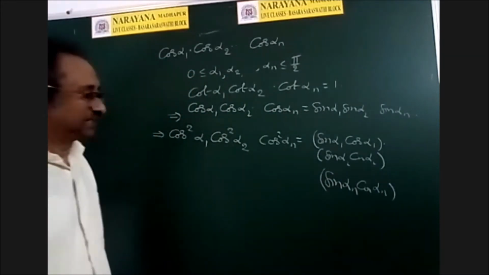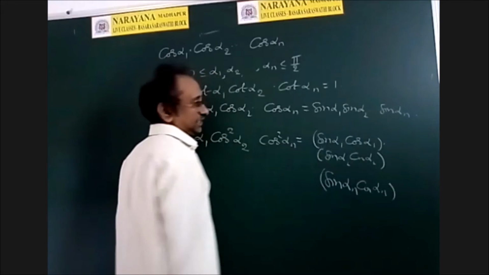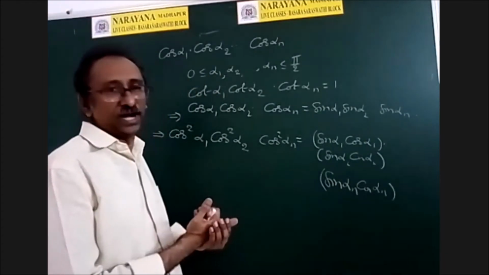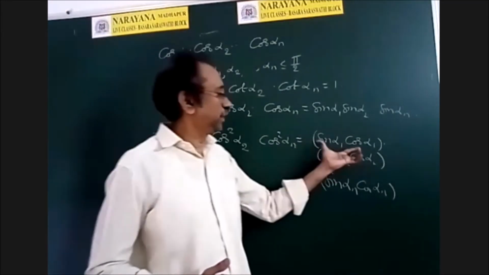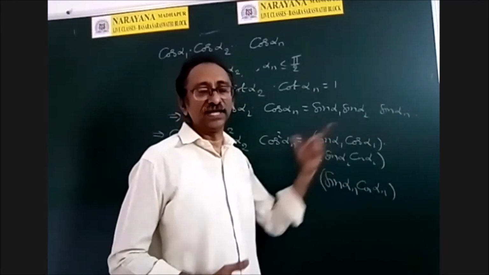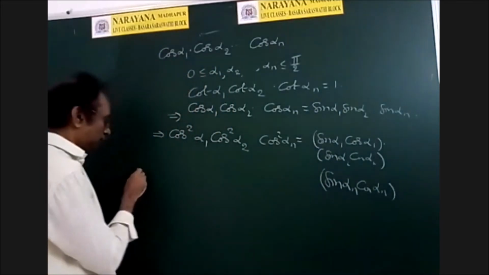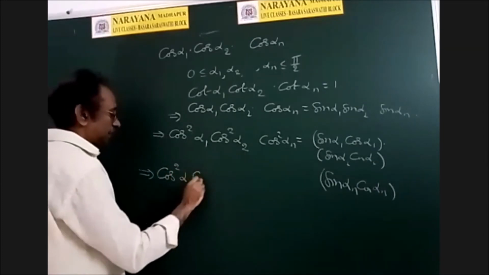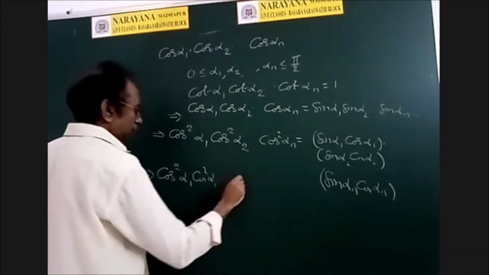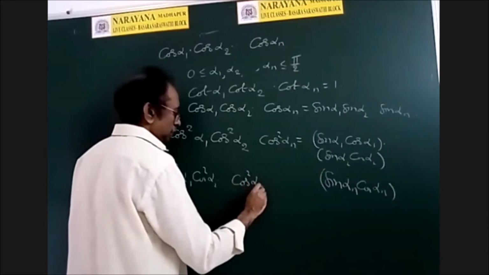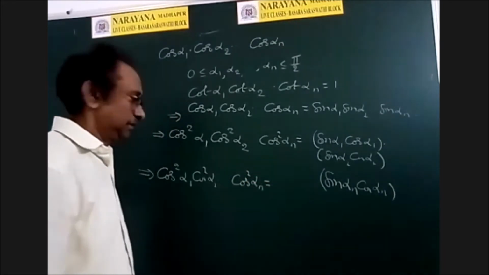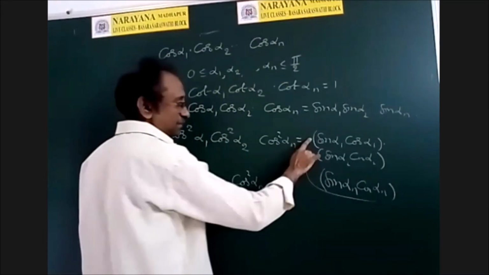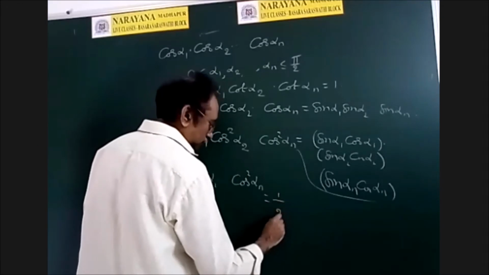Okay. And see, whenever there exists sin x cos x, we are ready to write 2. That means we are multiplying with 2 and dividing with 2. So you will get in the numerator 2 sin x cos x form. That can be written as sin 2x. Therefore, what is the next step then? Cos square alpha 1, cos square alpha 2, cos square alpha n is equal to, if I multiply with 2, I have to divide with 2 also.